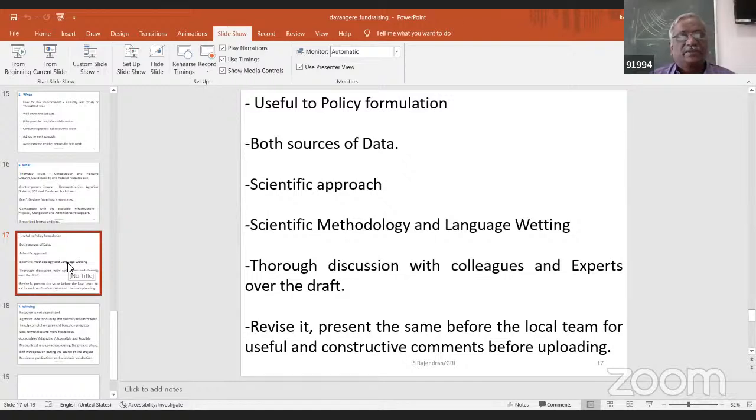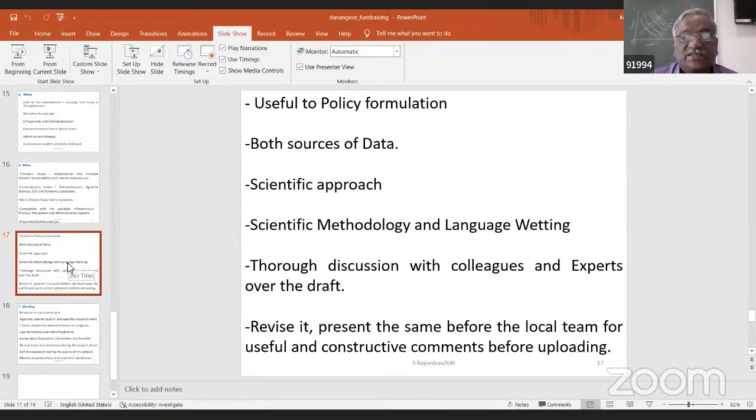And also the scientific methodology and language vetting is essential before sending the proposal so that the proposal is accepted at one go. Thorough discussion with your own colleagues, your own peers, your own experts in and around your organization over the draft will give you scope for fine-tuning the research proposal in a more polished manner.